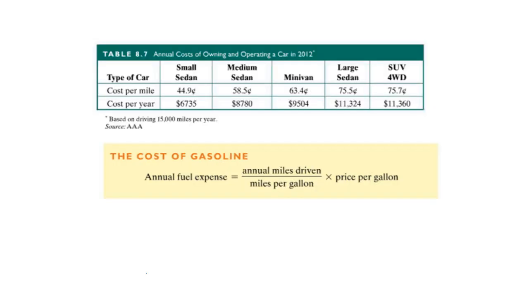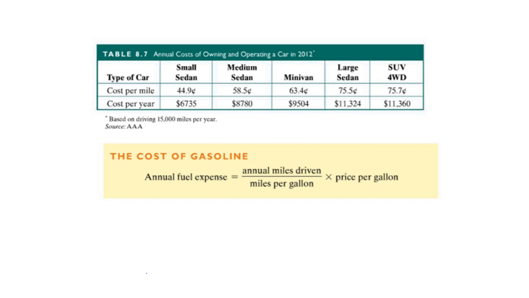This table shows the annual cost of owning and operating a car in 2012. You can see the type of car: small sedan, medium sedan, minivan, large sedan, SUV, four-wheel drive. It shows the cost per mile and the cost per year.